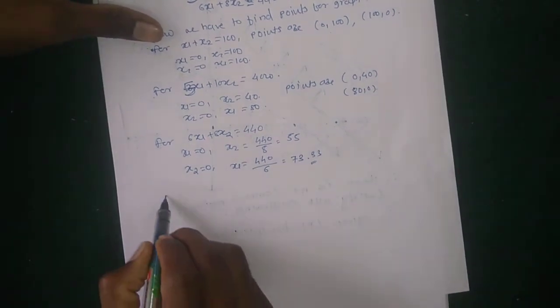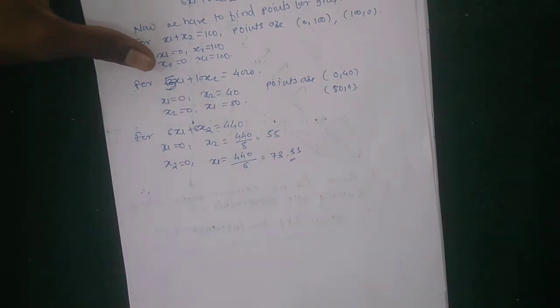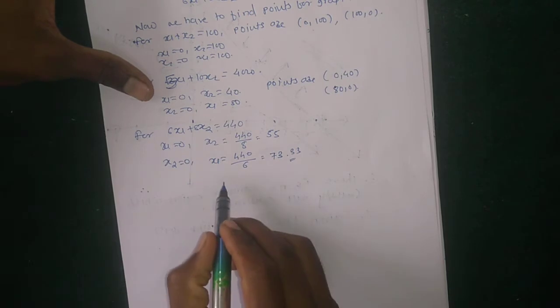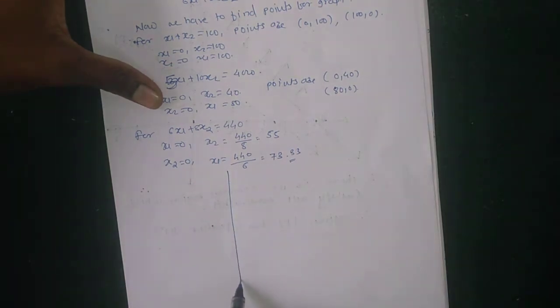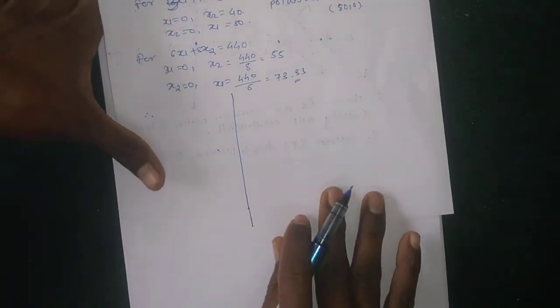And therefore the graph for this: all points are positive, so they are all in the first quadrant.